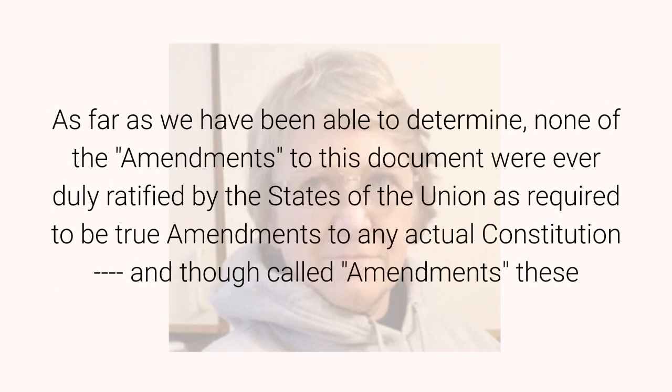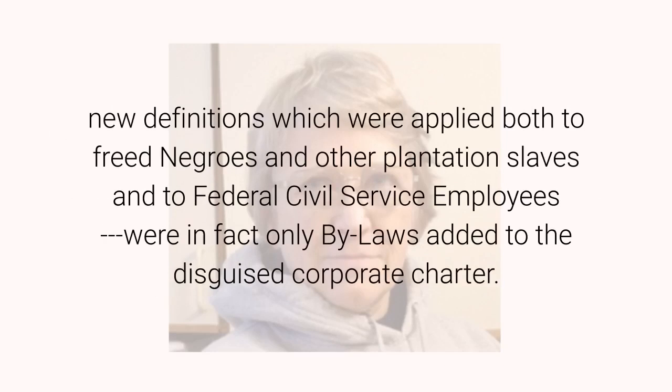As far as we have been able to determine, none of the amendments to this document were ever duly ratified by the states of the Union as required to be true amendments to any actual constitution, and though called amendments, these new definitions, which were applied both to freed Negroes and other plantation slaves and to federal civil service employees, were in fact only bylaws added to the disguised corporate charter.